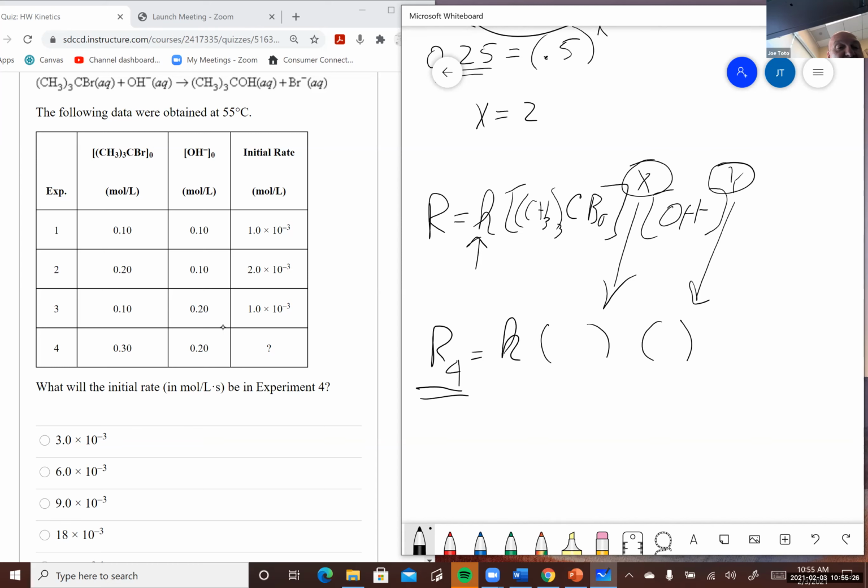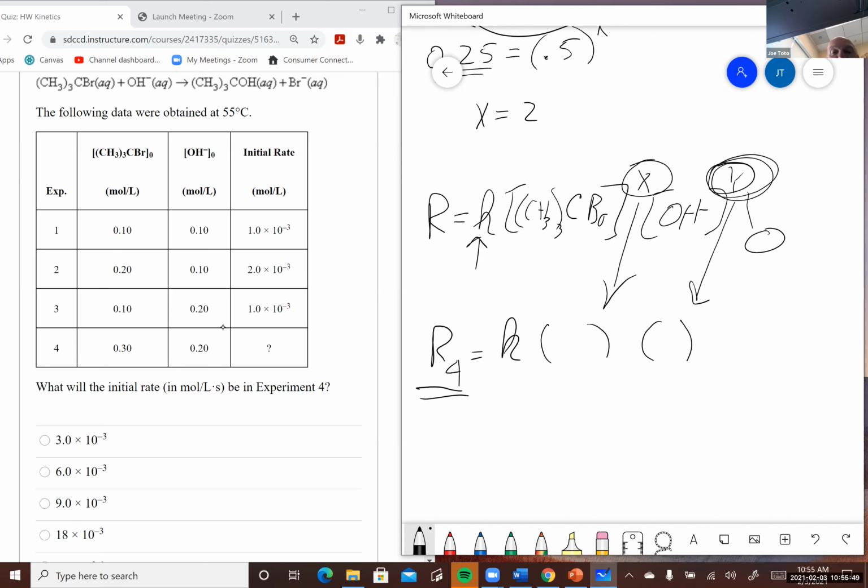Its effect drops out. Whereas hydroxide goes from 0.1 molar to 0.2 molar, and you see the rate doesn't change. So that means it has no effect. That means the y for the hydroxide is 0, no effect on the rate.